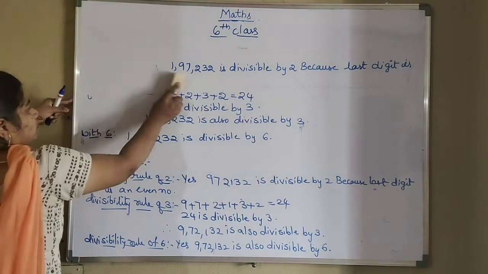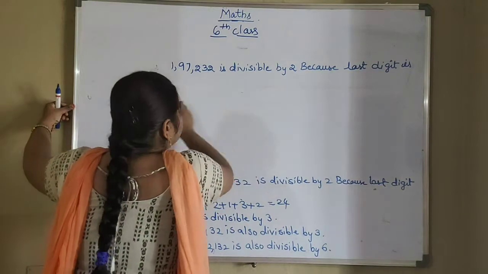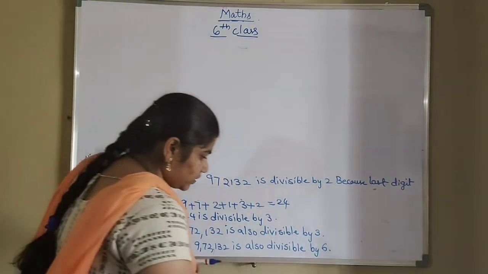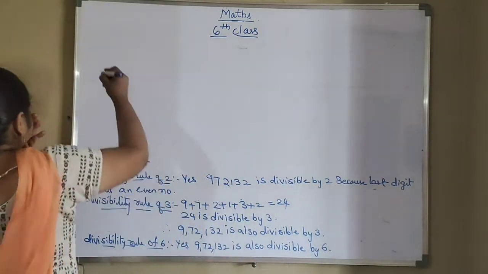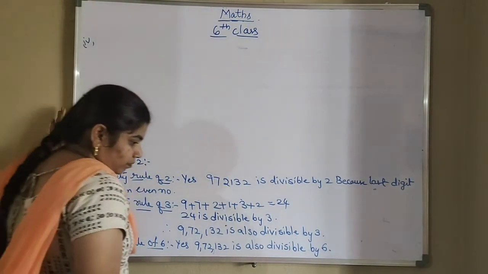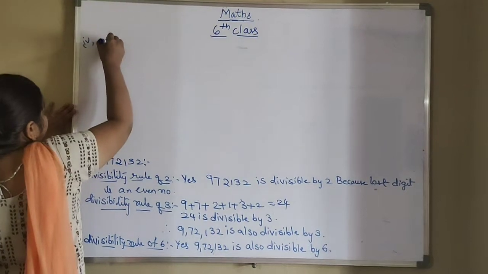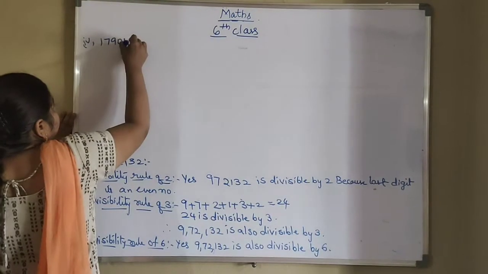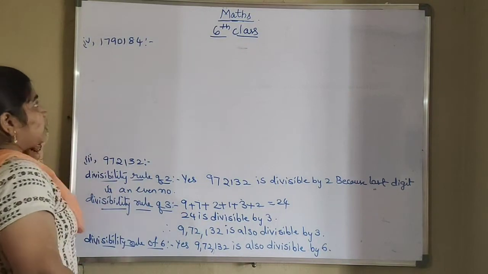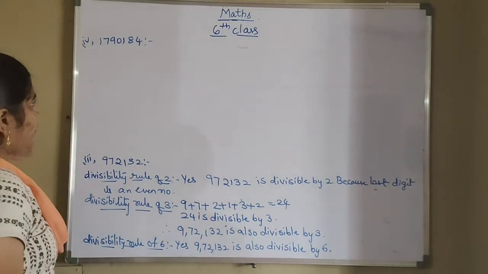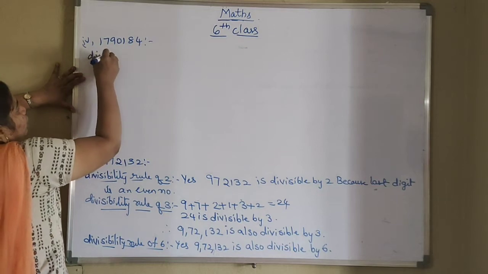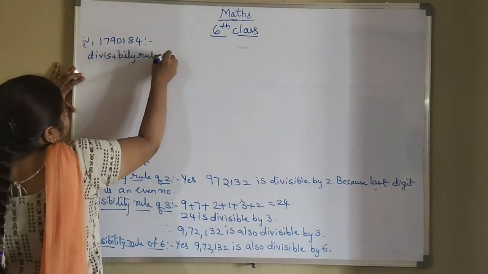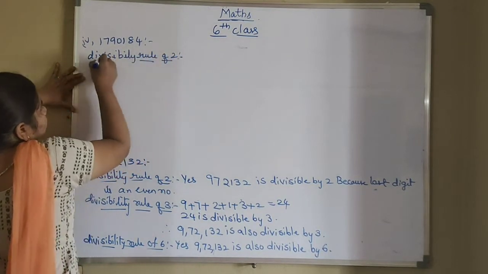question. So what is the next number here? So whether this number is divisible by 2, 3 and 6 we have to check. First, divisibility rule of 2. So what is the divisibility rule of 2?